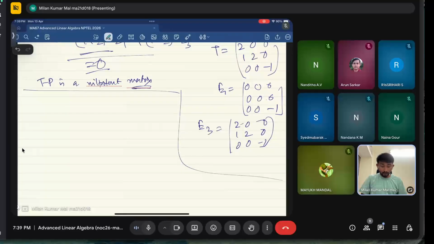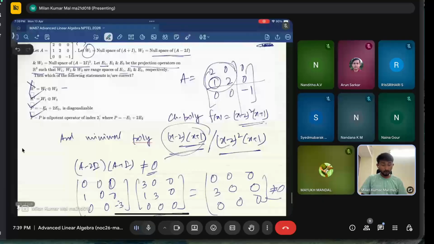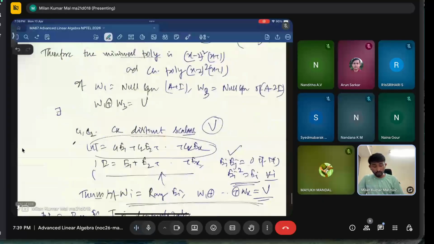Here is the general fact of index 2. Index 2 is also mentioned, because the first power is not going to be 0. But here I just want to give a theorem.